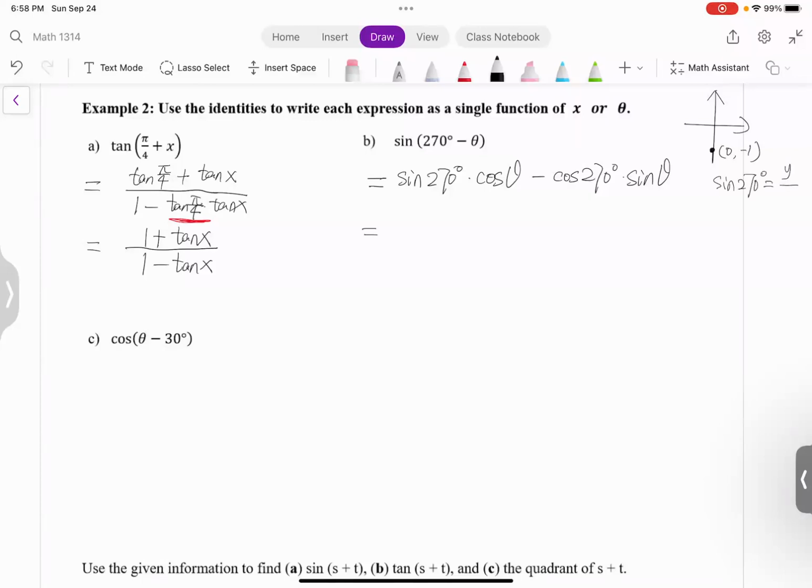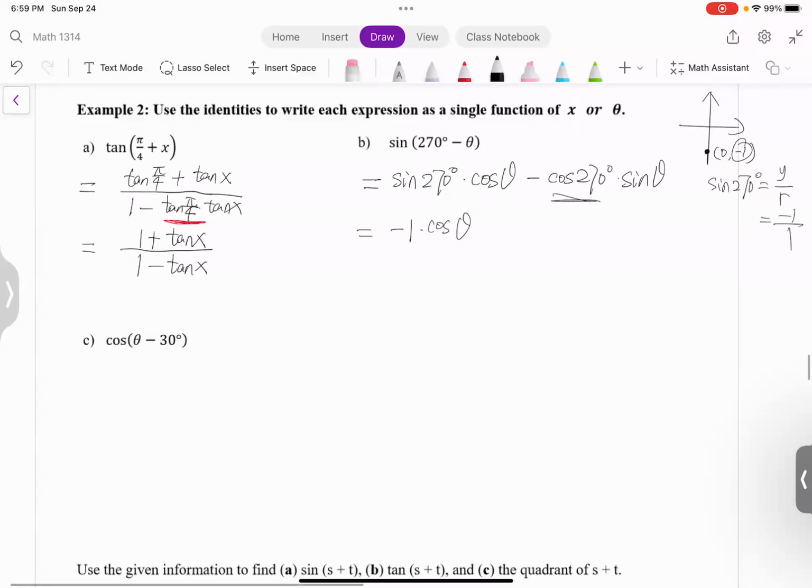So what is the sine of 270 degrees? It is y over r. y is negative 1, and r for the unit circle is 1, so we have negative 1 times cosine theta. And what is cosine 270 degrees? We have learned that cosine is x over r.